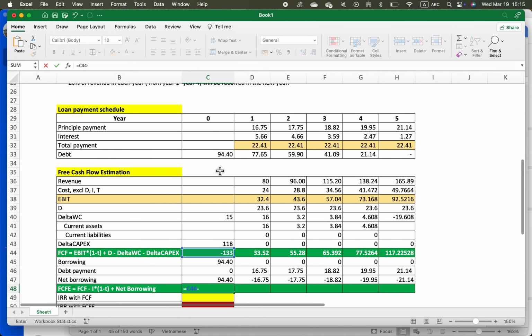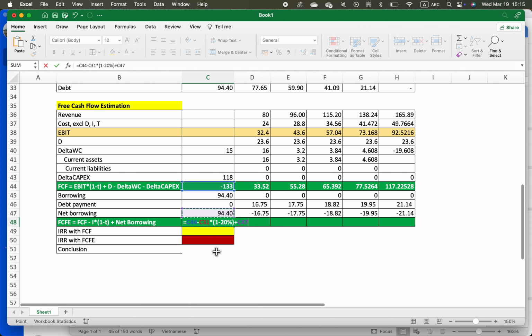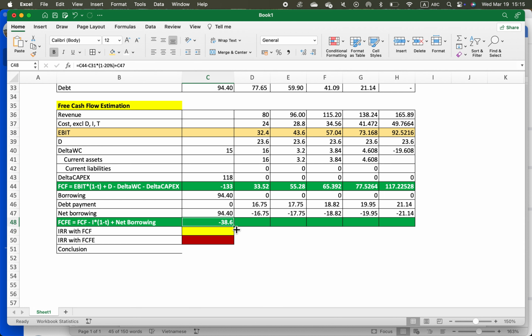We have done interest in here, multiplied by 1 minus 20%, then plus net borrowing. Net borrowing is here, right? Cool. And we copy this formula throughout the years.